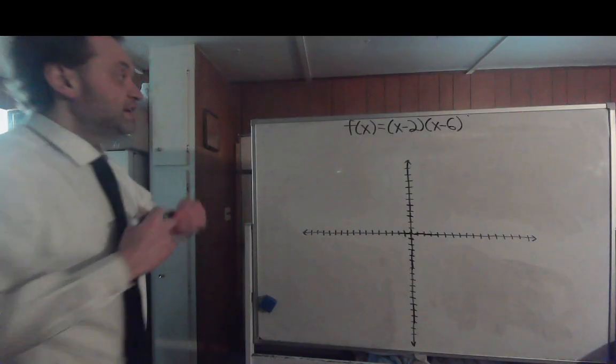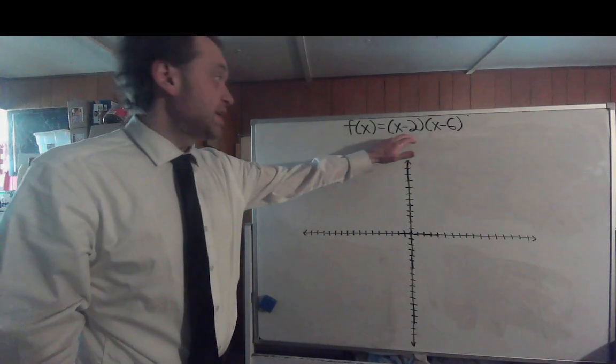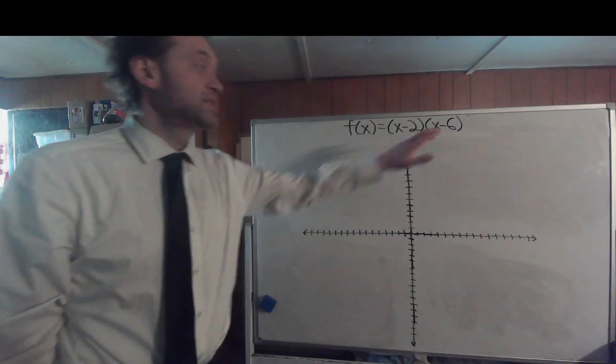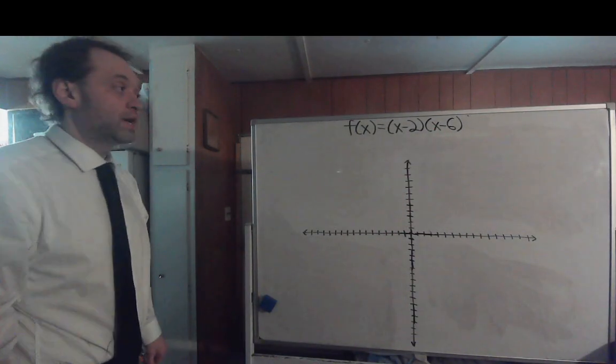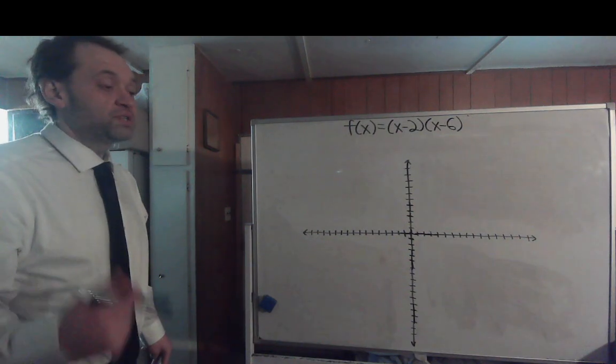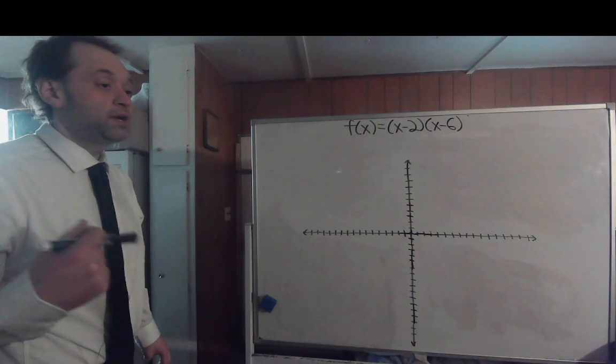All right, so we have f of x equals the quantity of x minus 2 times x minus 6. Right? X minus 2 times x minus 6.